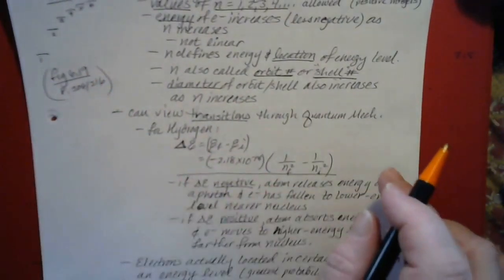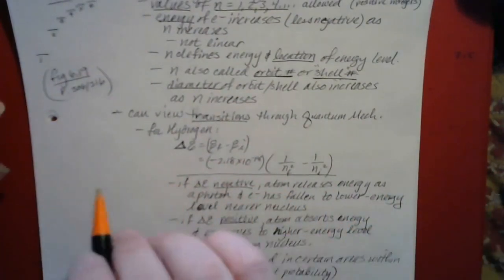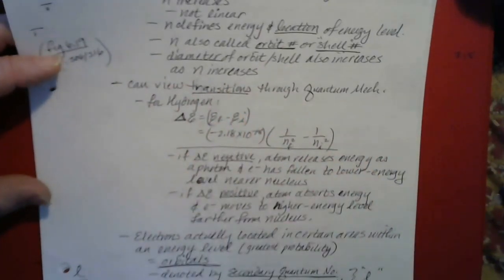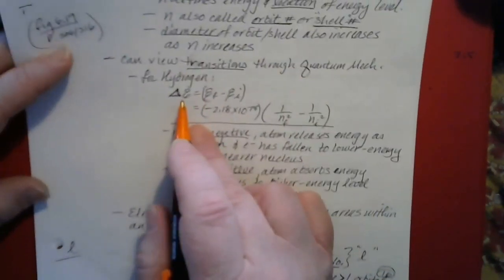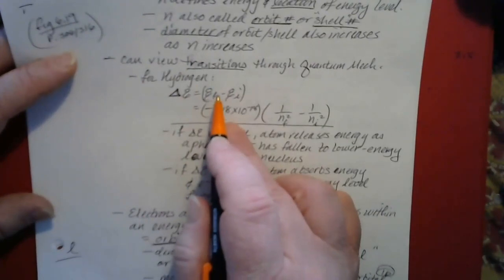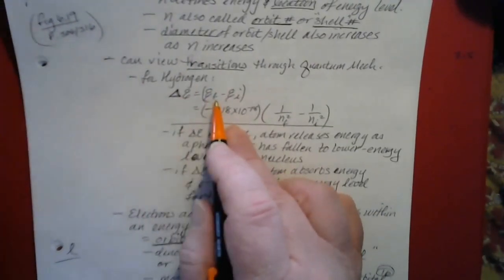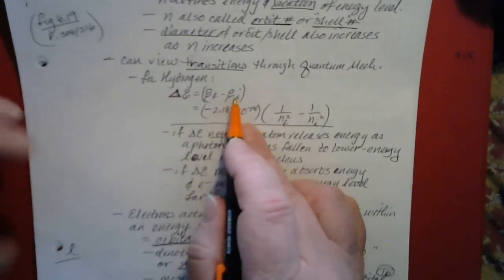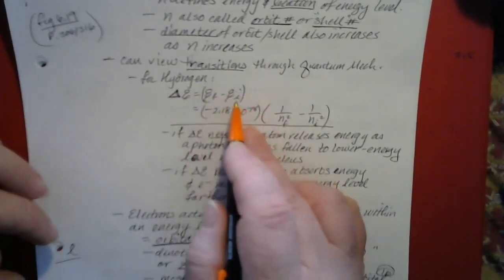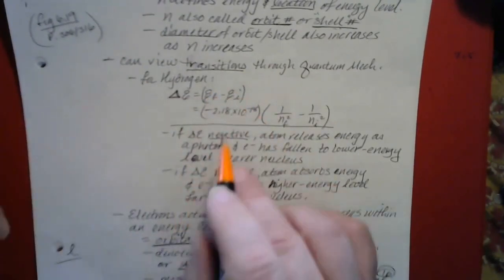Okay, figure 6.19 on page 306 or 316 shows you the relationship between the different principal energy levels. The transitions from one energy level to another can be viewed through quantum mechanics. For instance, for hydrogen, the change in energy of an electron undergoing a transition is just going to be the energy of the electron in its final location minus the energy of the electron where it started out. E final minus E initial.